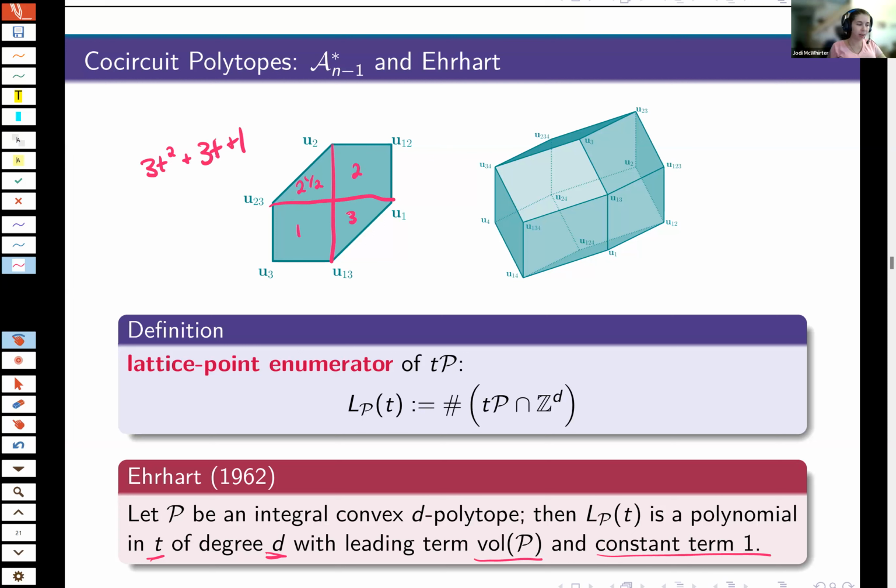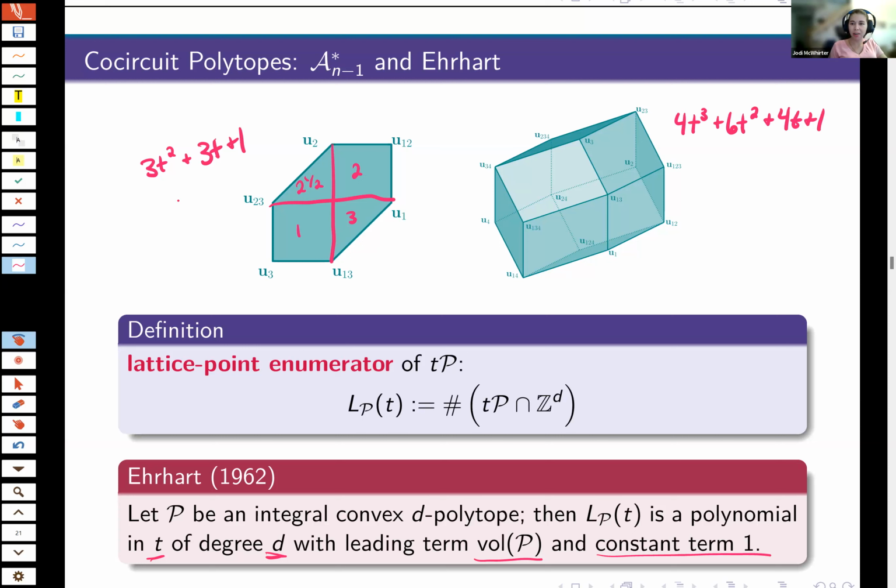So the volume matches up. This one on the right side, my n equals 4 case, this one will have polynomial 4t cubed plus 6t squared plus 4t plus 1. So again, you can see that the degree of the polynomial matches the dimension of the polytope.